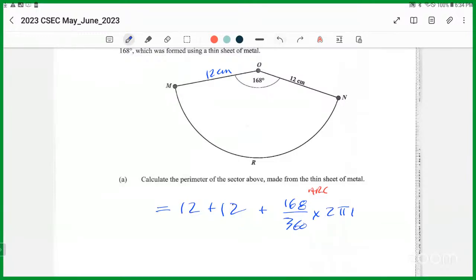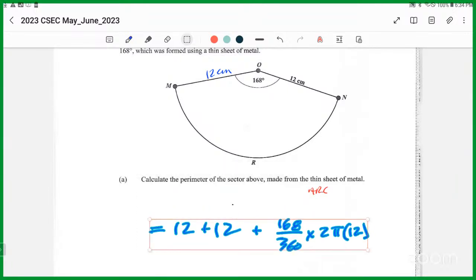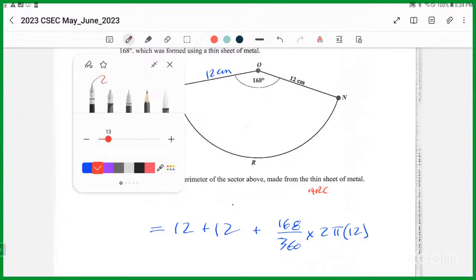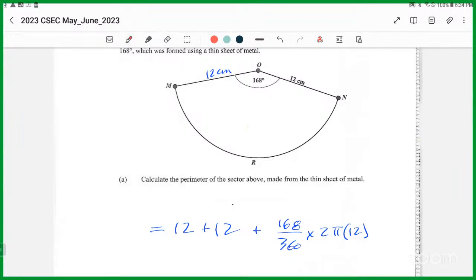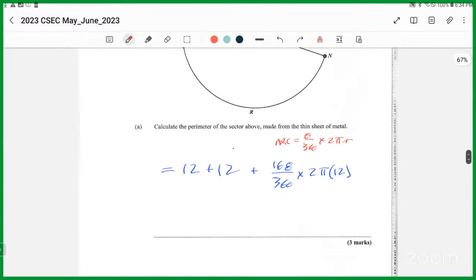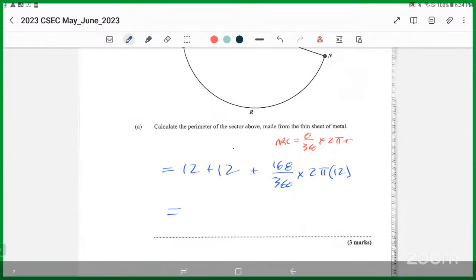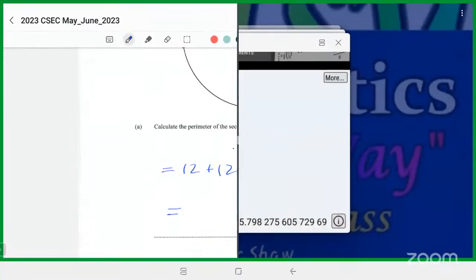Let me shift it down and write the formula above it. So the arc length right here is theta over 360 times 2 pi r, the circumference. That's what this is. Put all that in the calculator. But understand that the circumference is the distance around the shape. Let's work it out.